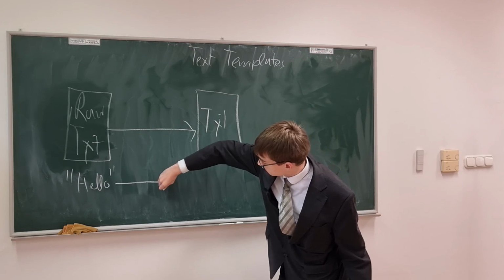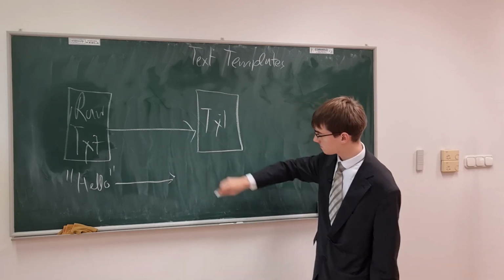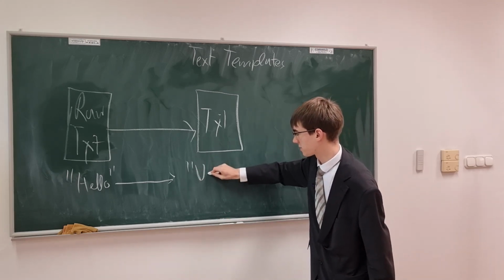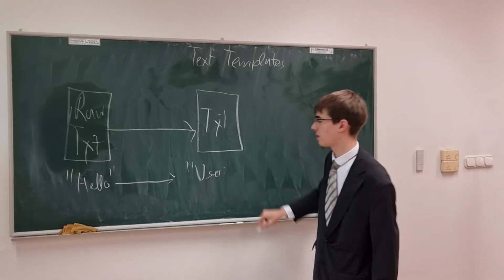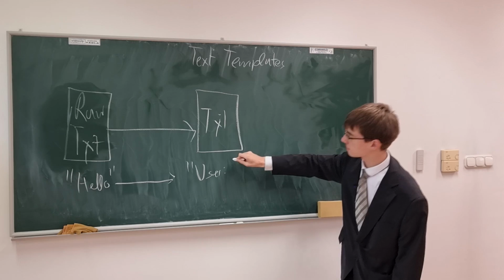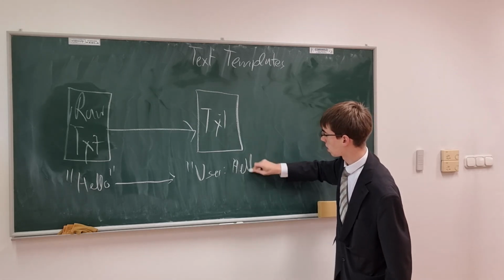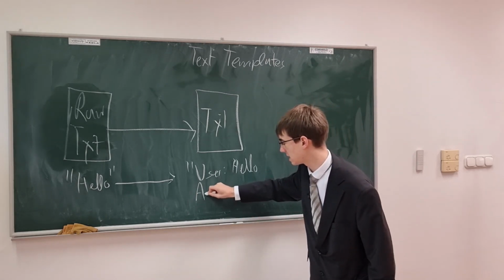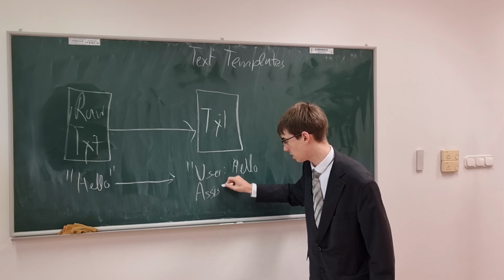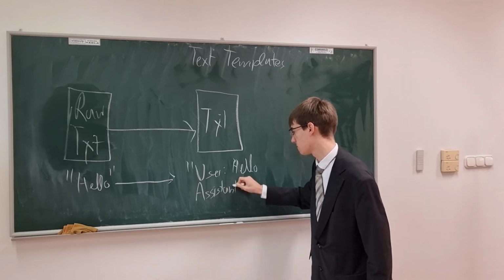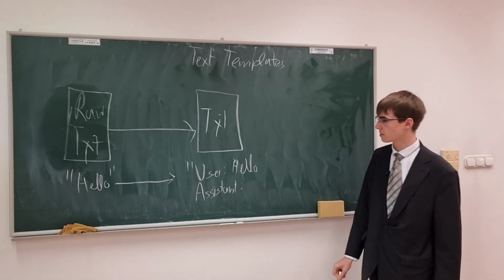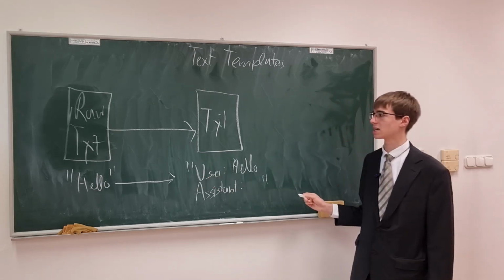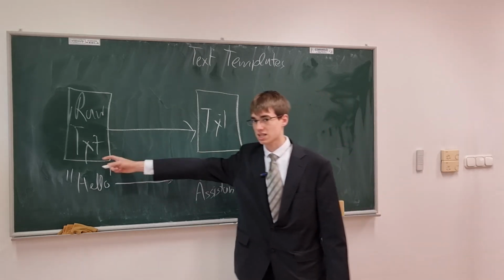So what would happen is we would add something like, you might often see this format being used, where you have the user inputting some text, and then we write assistant, waiting for the AI model to respond.